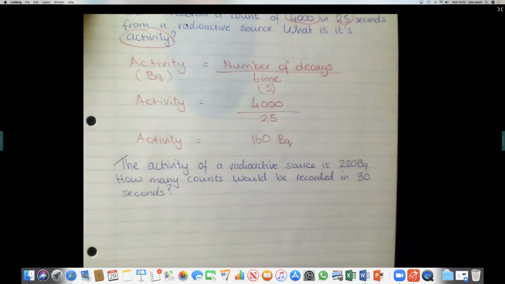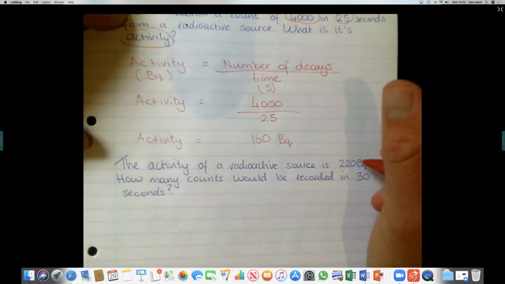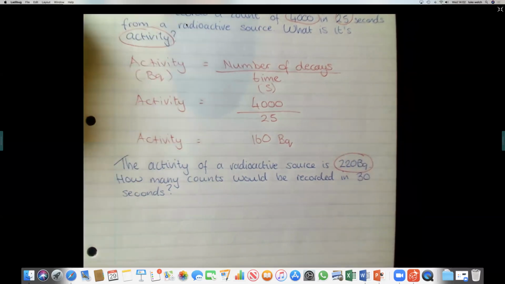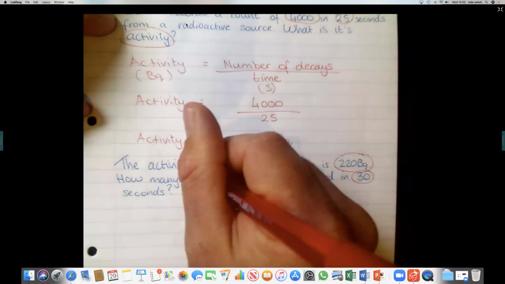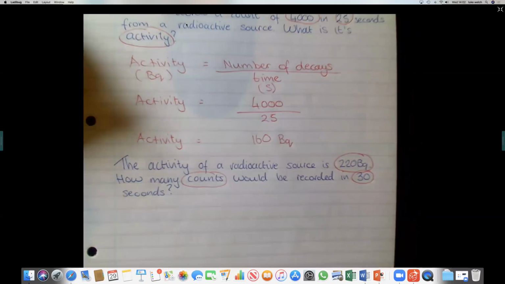Another example. The activity of a radioactive source is 220 becquerel. So this time it's given me the activity. How many counts would be recorded in 30 seconds? So it wants me to work out the count rate. So I need to apply that equation.